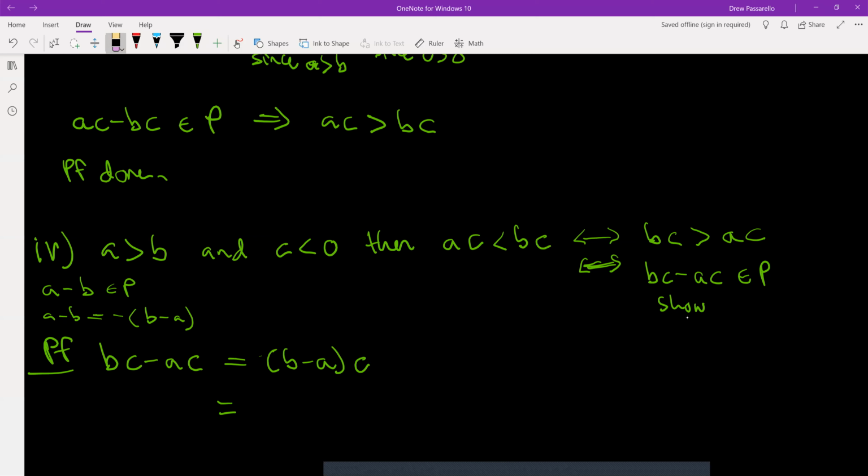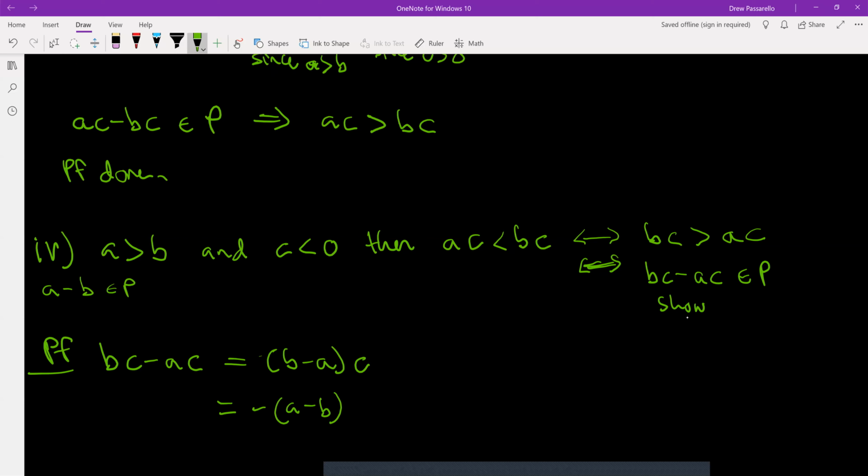Hold on a second. I have this sort of switch. So this is what we know: A greater than B, that means A minus B is an element of P. Here I have B minus A. Now, if I switch the order so that I have A minus B and I want to make it equivalent, I need this minus sign.